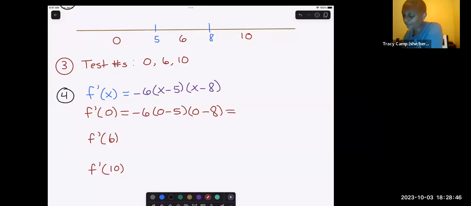So I have -6 times 0 minus 5 times 0 minus 8. Again, I do not care what this value is. All I care about is if this is positive or negative. I know that -6 is negative, 0 minus 5 is negative, and 0 minus 8 is negative.